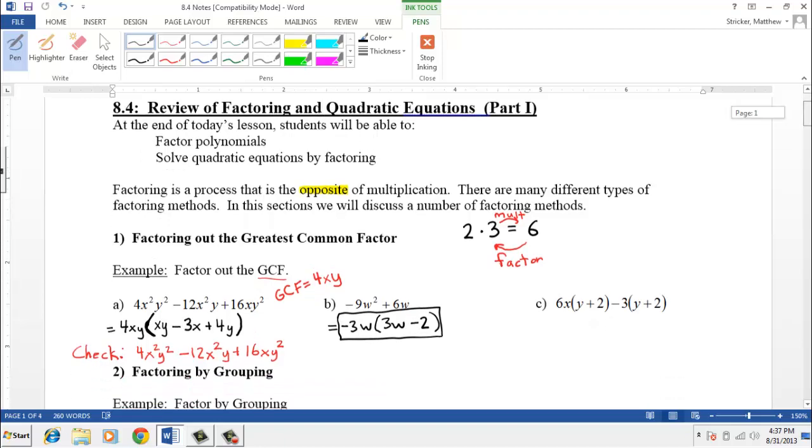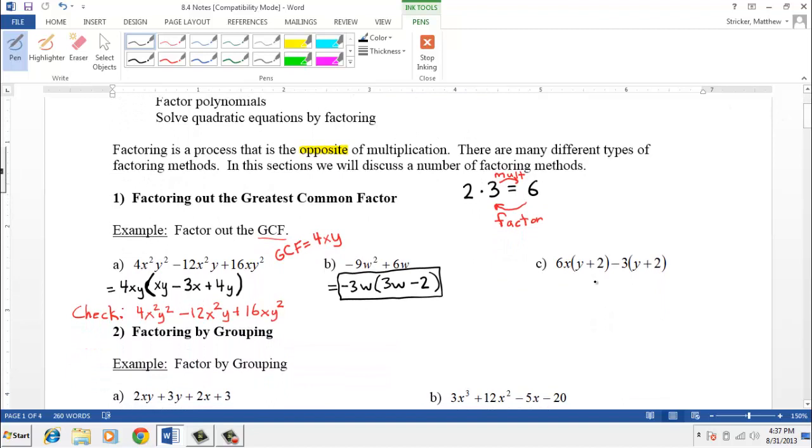Now the last problem, example C under this subsection, is the same idea. We're going to factor out the greatest common factor, but this time the greatest common factor is this y plus 2 binomial. It's a little bit bigger, but I can still pull it out.